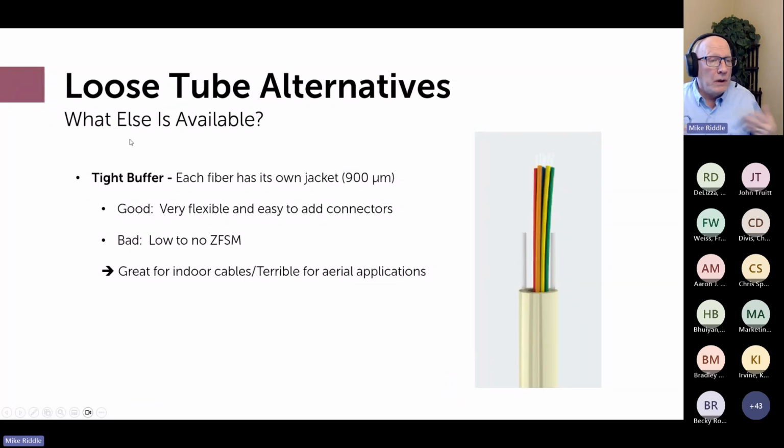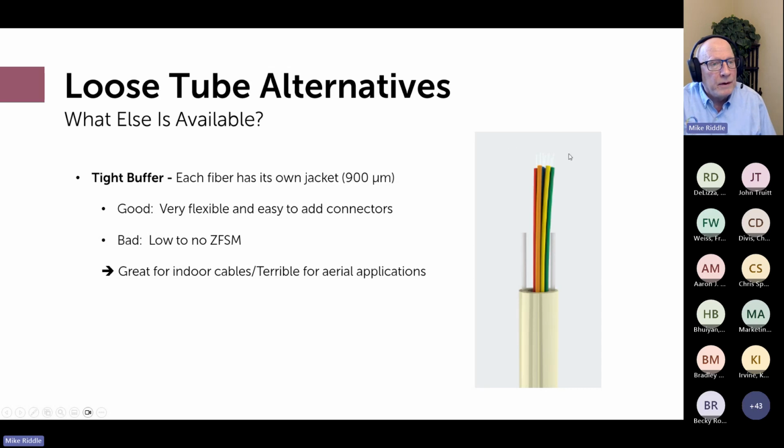So at the beginning, I said we would also talk about what else is available. And here we're at that point. Here's what else is available. The opposite of loose tube is something called tight buffer, where each fiber has its own jacket. You can barely see it in this picture, but you've got a blue jacket with a single fiber in it, an orange jacket with a single fiber in it, a green with a single fiber in it.